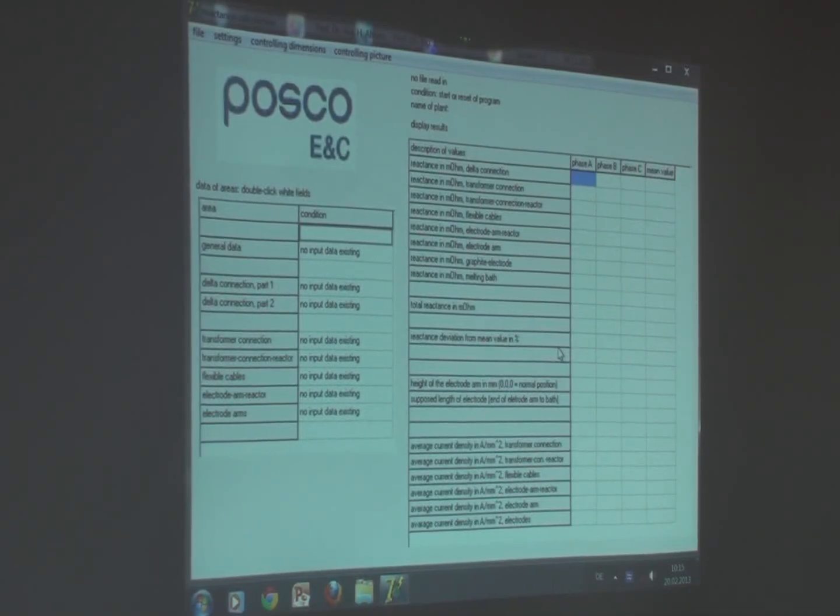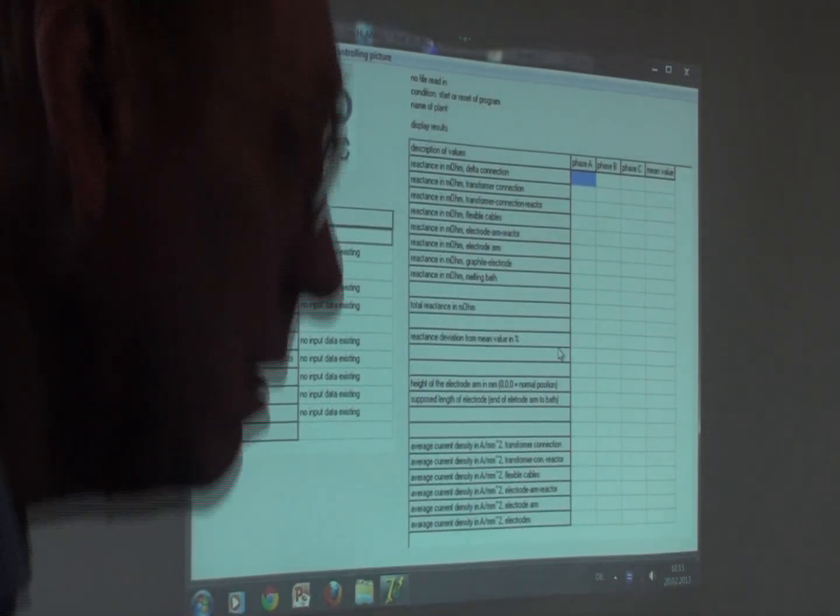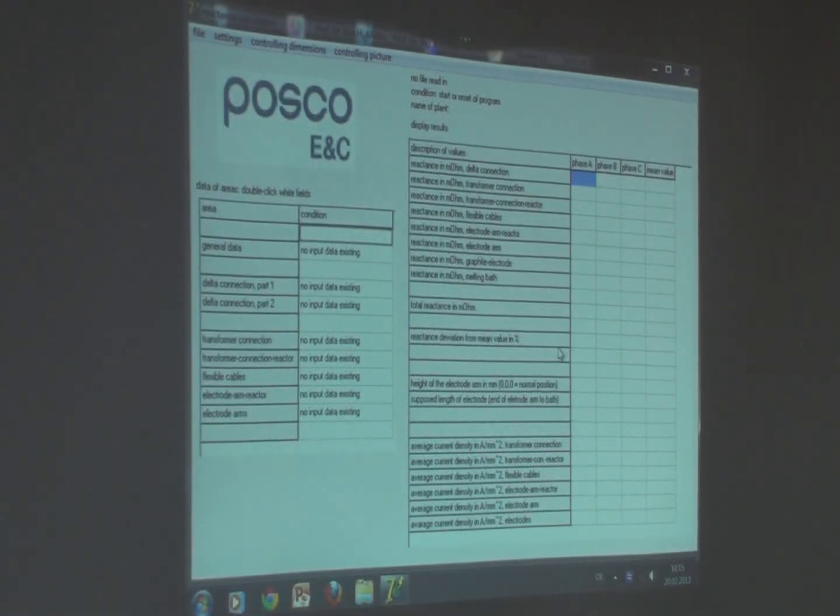We can also say the phase voltage from 1 to 0 is this phase voltage. And the phase voltage from 2 to 0 is this voltage. And this is the third.